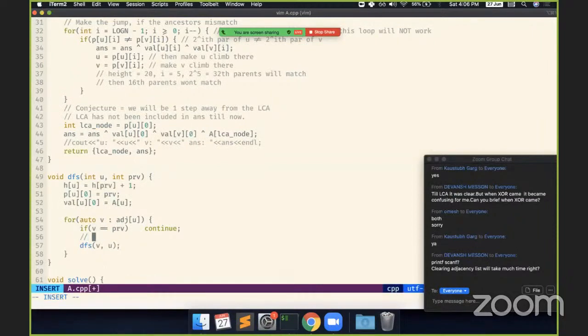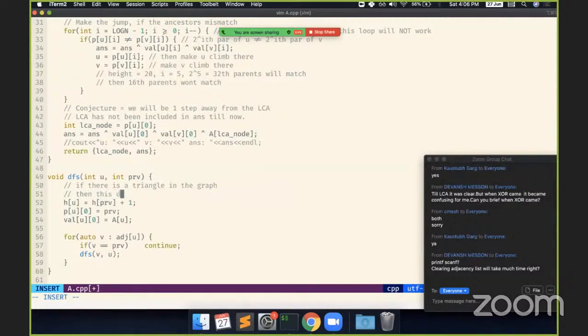But if there is a cycle, say a triangle in the graph, then this DFS loops infinitely on that triangle.